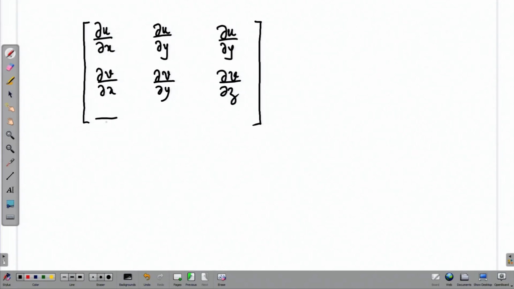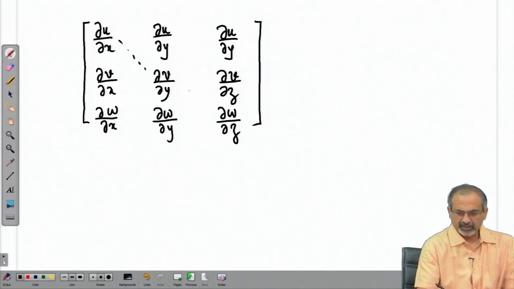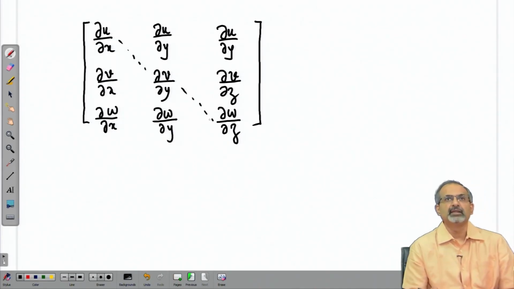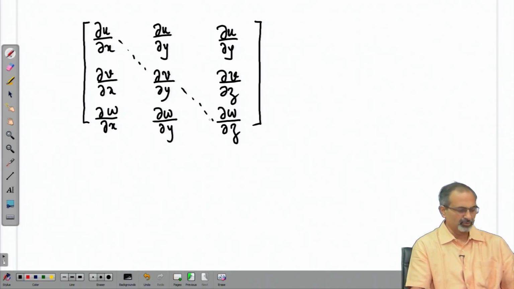And we are writing down the derivatives in the sequence of x, y, z. So, in this matrix, if you look at the diagonal elements, you have del u del x, del v del y and del w del z.